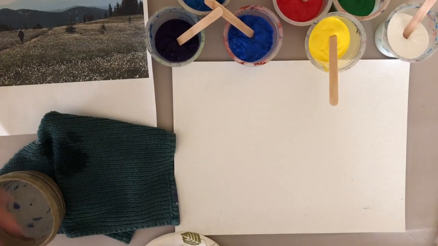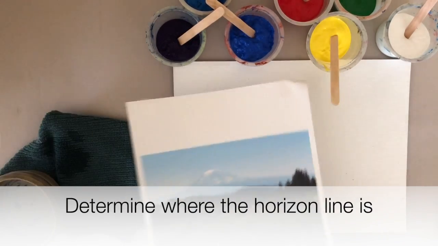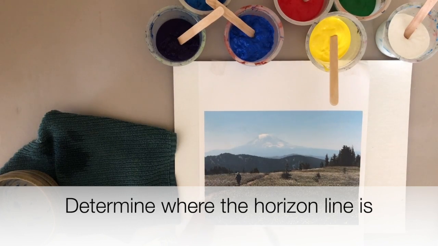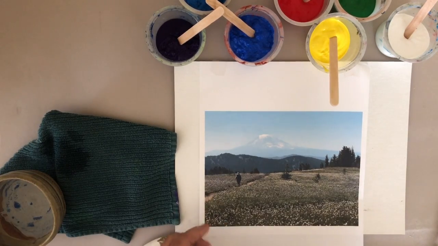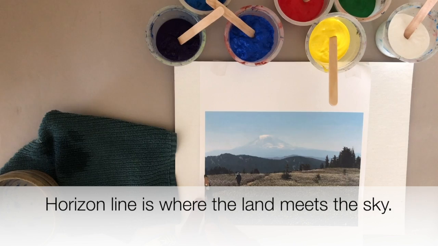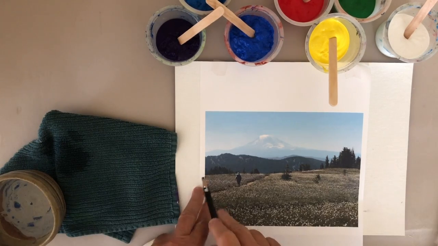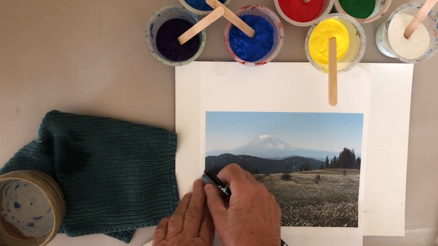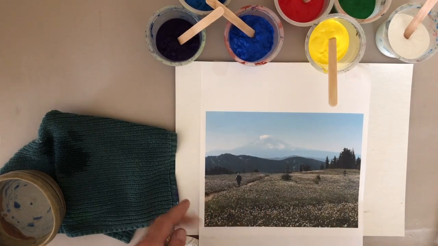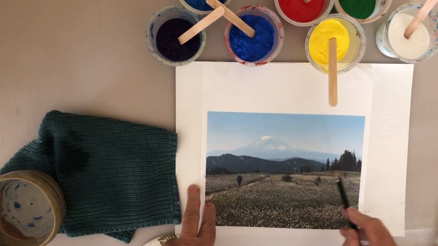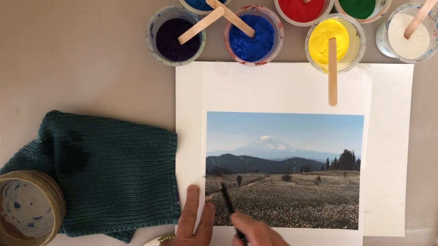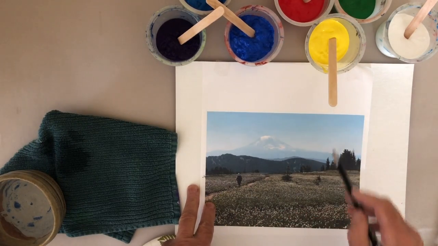So the first thing you want to do is, we'll look at our picture here, is to determine where the horizon line is, and that's where the land meets the sky. I'm just going to draw that in with the chalk or pencil here, and you can see right there is where the land meets the sky.